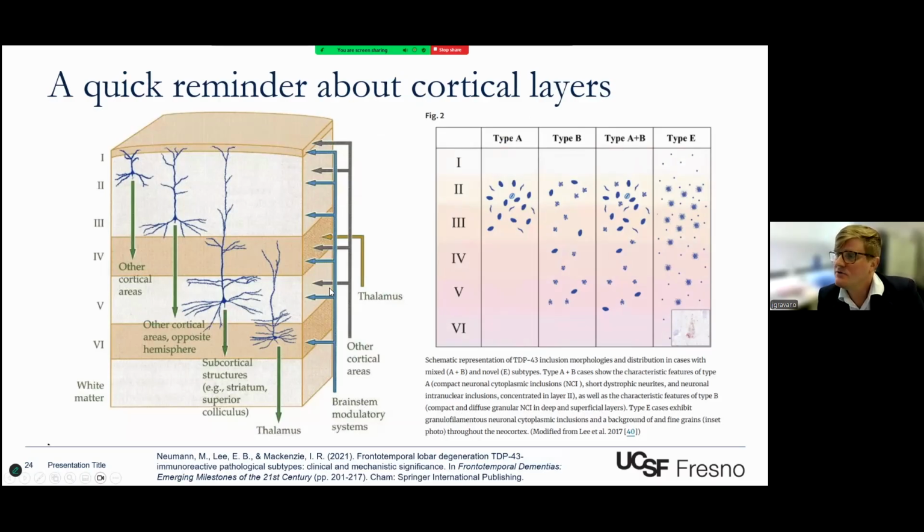I do want to very briefly mention that it seems like there's some challenge in interpreting these, not just because of where the aggregations exist for these proteinopathies, but also potentially where they are in the cortical layer architecture. So there's columns in the cortex, neocortex, and different types. For example, this is just for TDP-43.